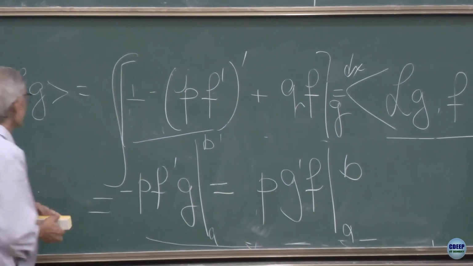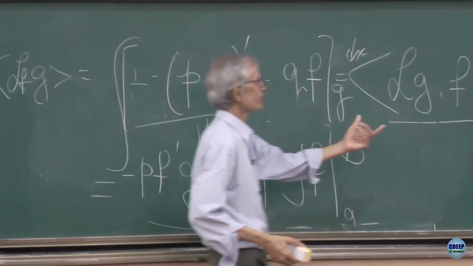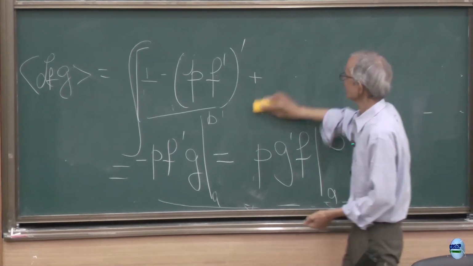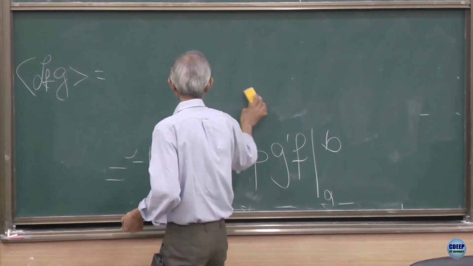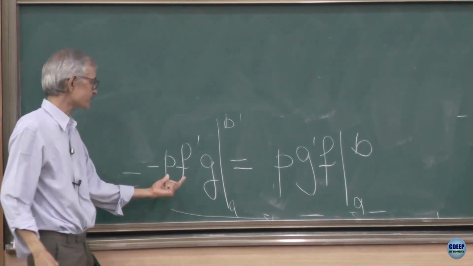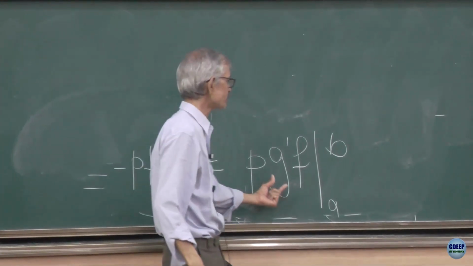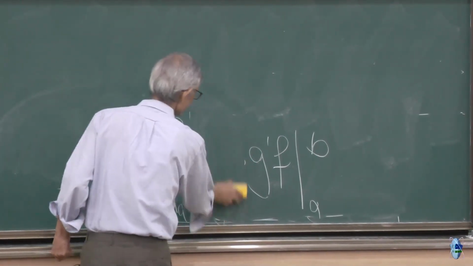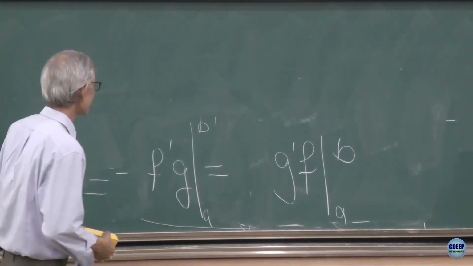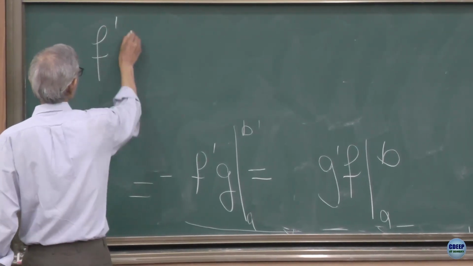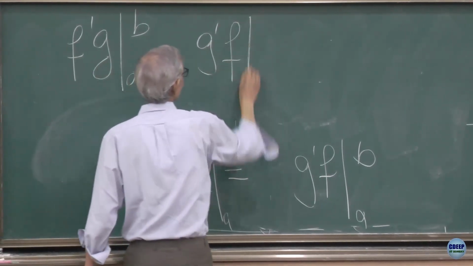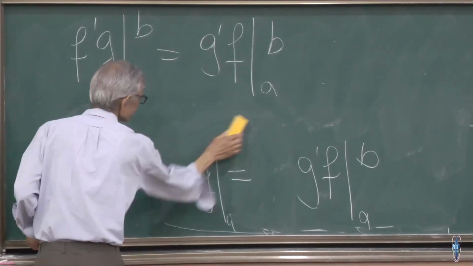Okay. So this operation, which is LFG is equal to LGF, do all the algebra and two terms from each side are going to cancel off, and all that you're going to be left with is P F prime G equal to P G prime F. P is the same, so if I'm going to be able to show that F prime G at A B is equal to G prime F, again A B, then I'm in good shape.